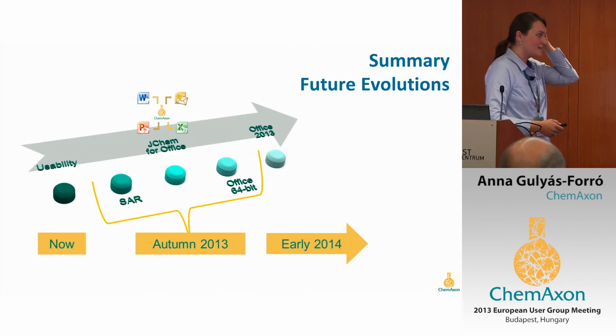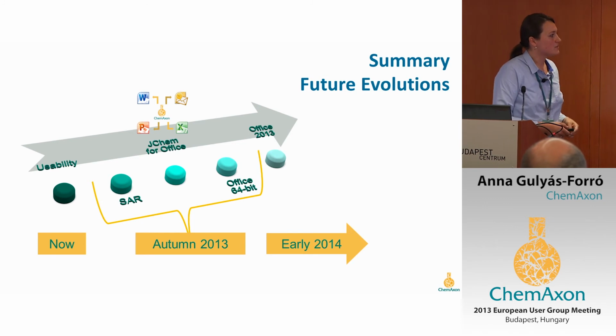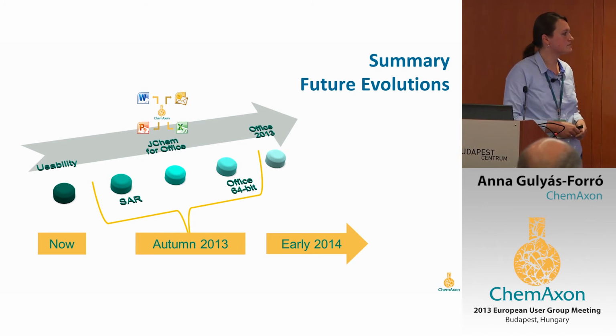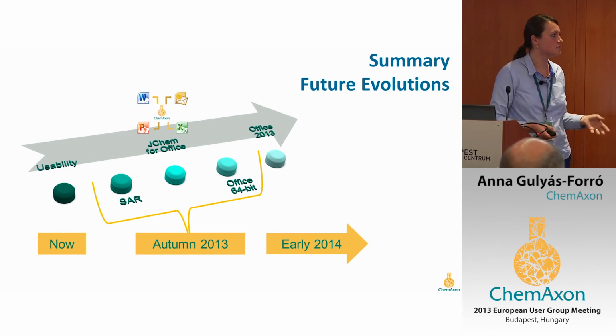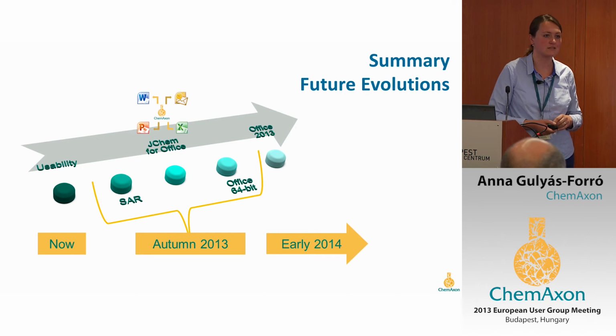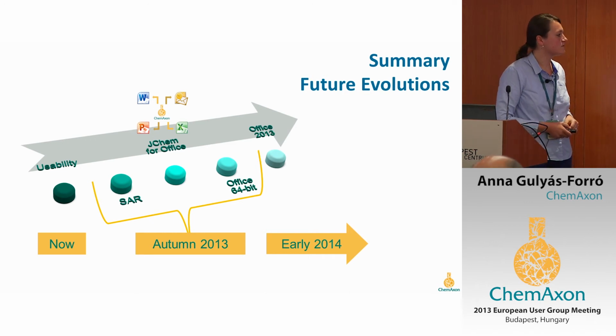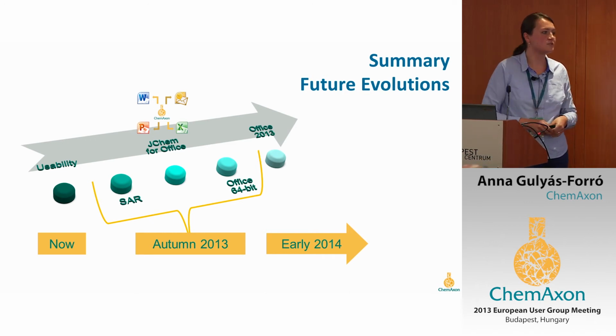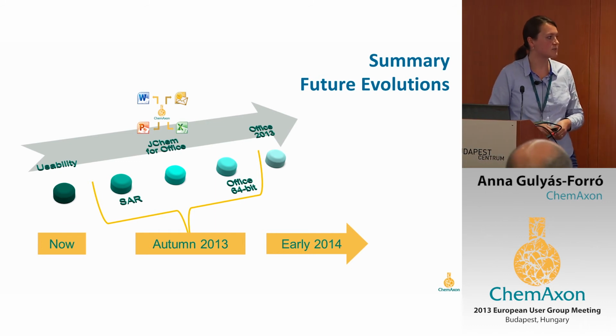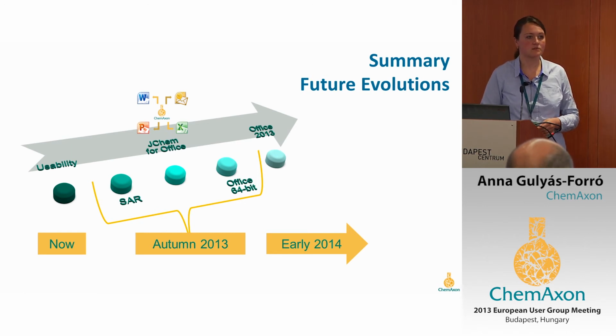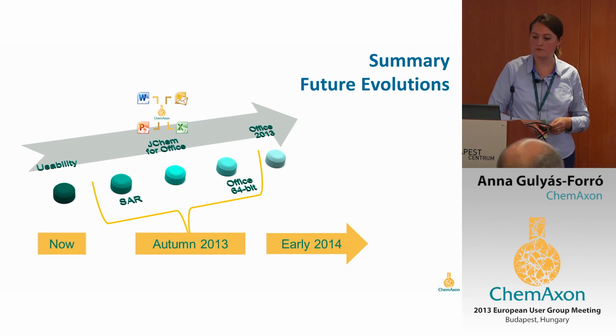So last but not least, I would like to tell you a few words about our future plans. During the 5 years history of JChem for Excel, we integrated many ChemAxon functions. In this release, we were concentrating on usability. This autumn, we are planning to include this one-click SAR solution that I showed you before.